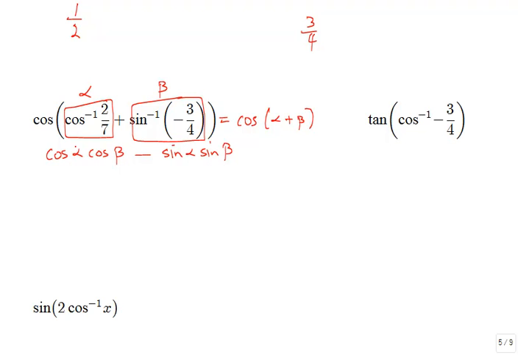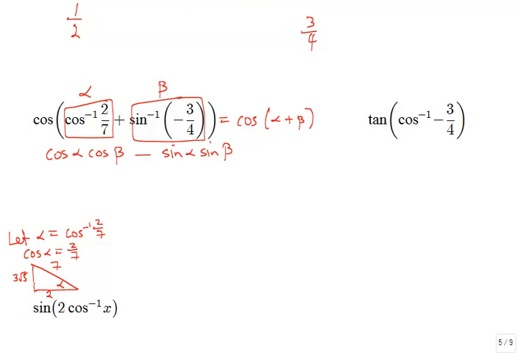So doing a little scratch work down here, if we let our alpha be this inverse cosine of 2/7, what that really means is cosine of alpha must be equal to 2/7. And that means we can draw a triangle. Here's alpha. Cosine is adjacent over hypotenuse. So this could be 2, and this would be 7. 49 minus 4 is 45, and the square root of 45 reduces to 3√5.